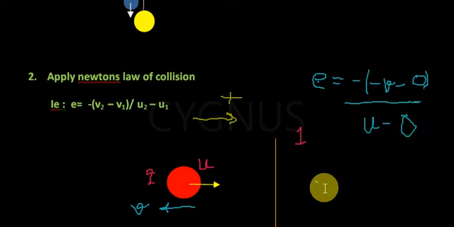So this says that E is equal to V by U. So if E is given to you and U is also given to you, you can also find V.